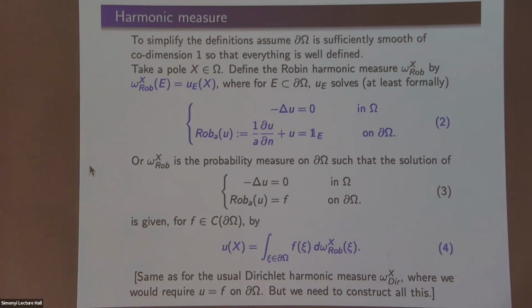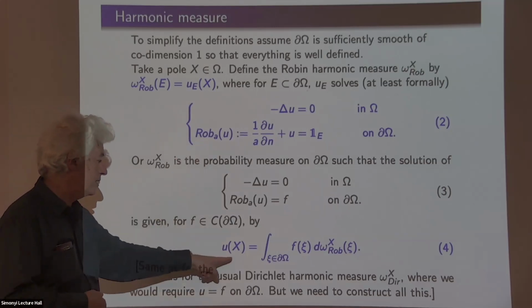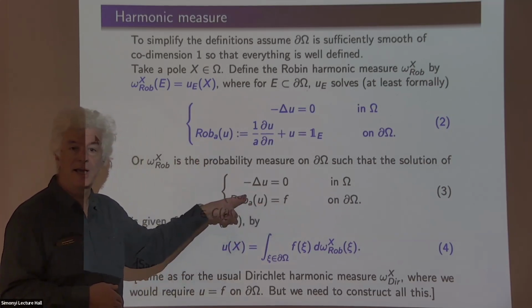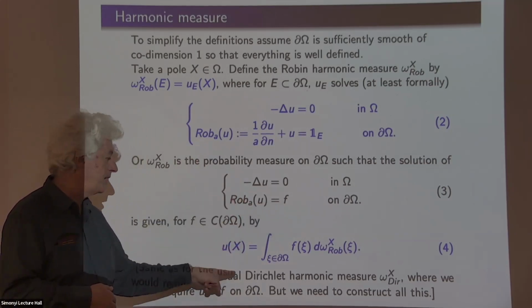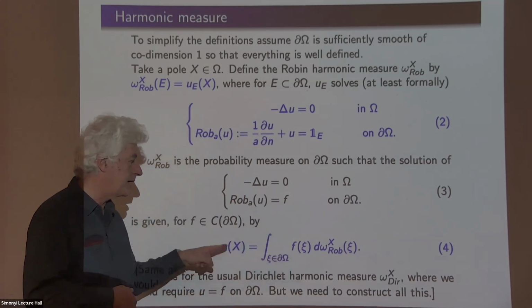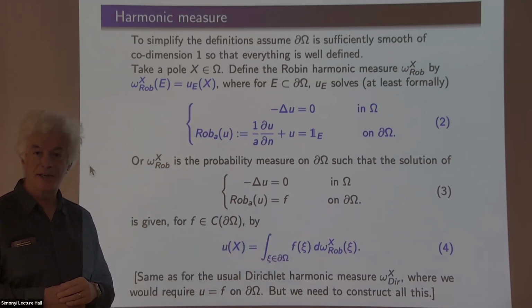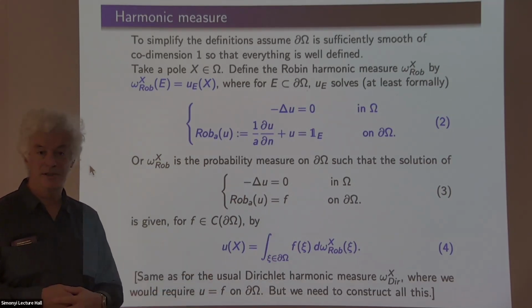Okay. Harmonic measure. So harmonic measure is a measure that possibly has a definition with Brownian motion, which we'll talk about, but here the harmonic measure is the measure that gives you solutions. So in other words, you take a function on the boundary, you solve this equation here, okay? And the harmonic measure is the thing against which you integrate the values of a function at the boundary to get the values of a function in the middle of the domain, okay?